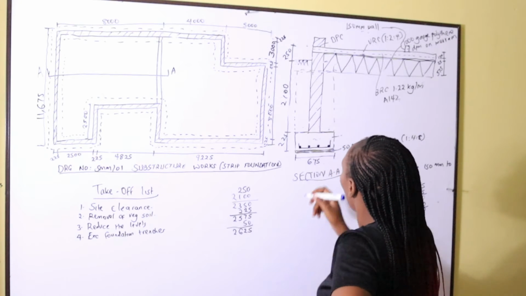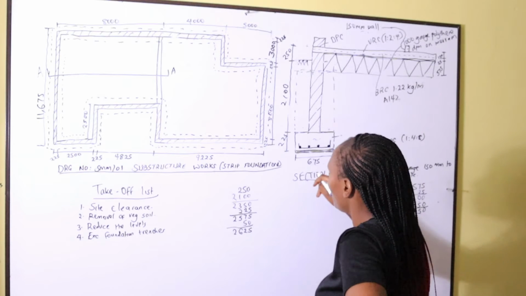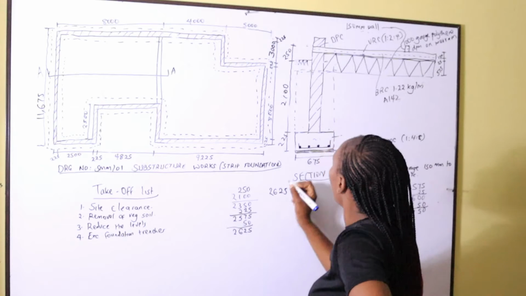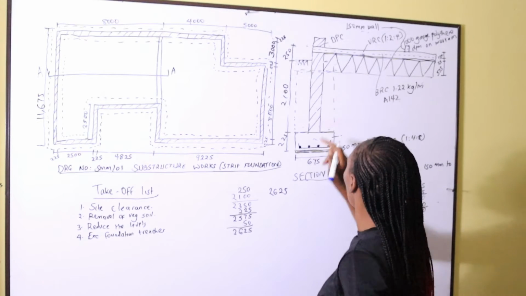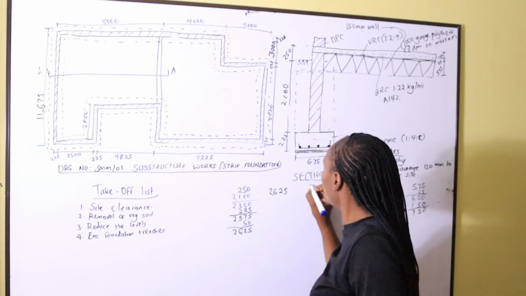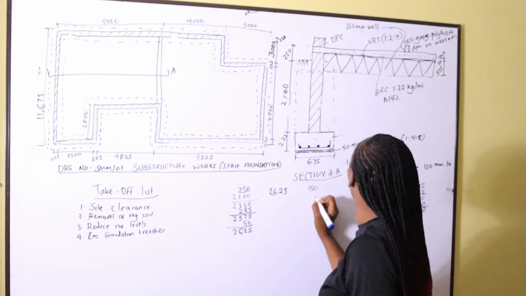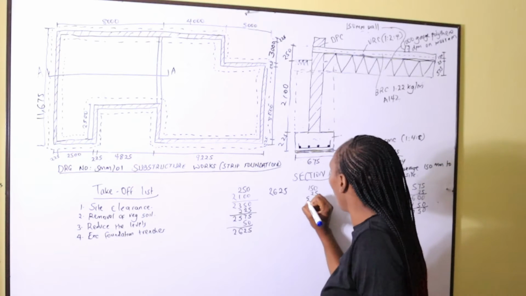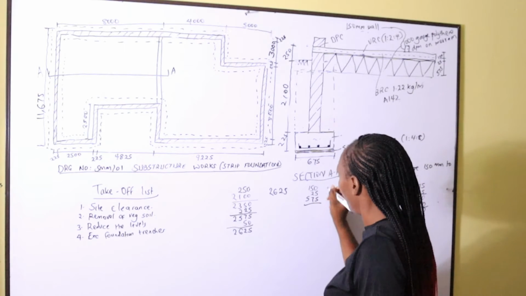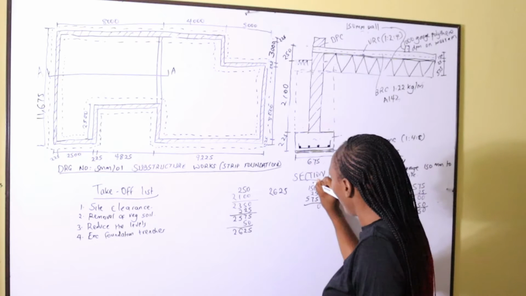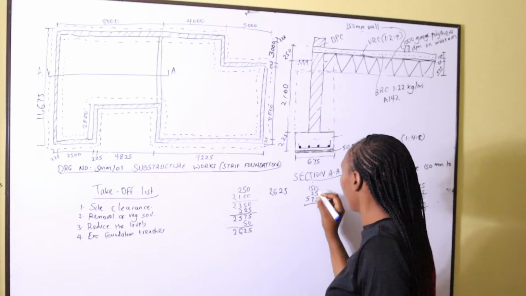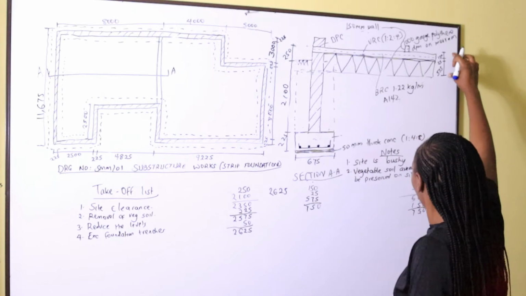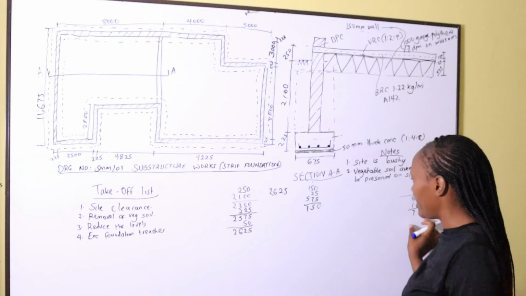Now we need to know from below the hardcore to the trenches how much it is. So we take 2625, then we need to do the total of these layers. The concrete was 150, the murram was 25, and the hardcore was 575. So these layers amount to 750. We had added them earlier.